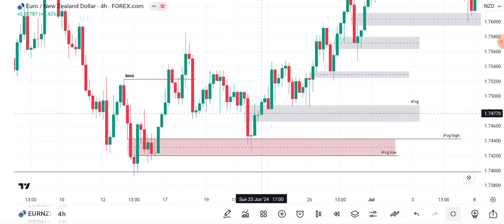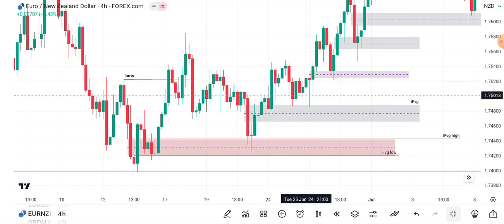The next thing that should tell you that this price is going higher is when this fair value gap that was here was invalidated. After the invalidation, price entered into it once, came inside again, a second time, and then traveled higher and broke this high. What happened again? Look at this fair value gap.